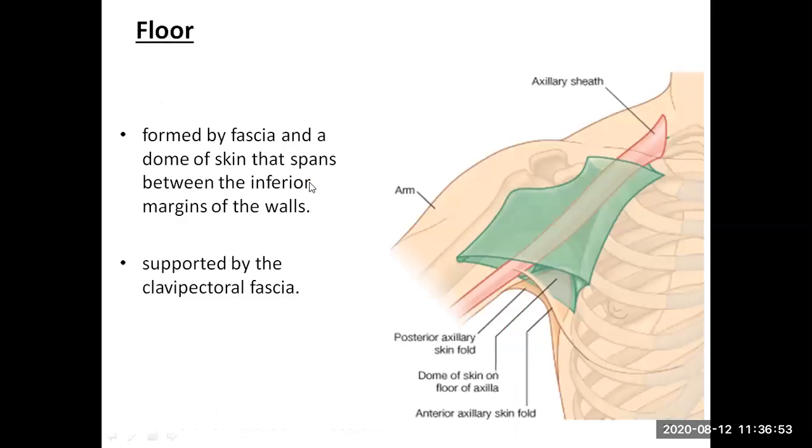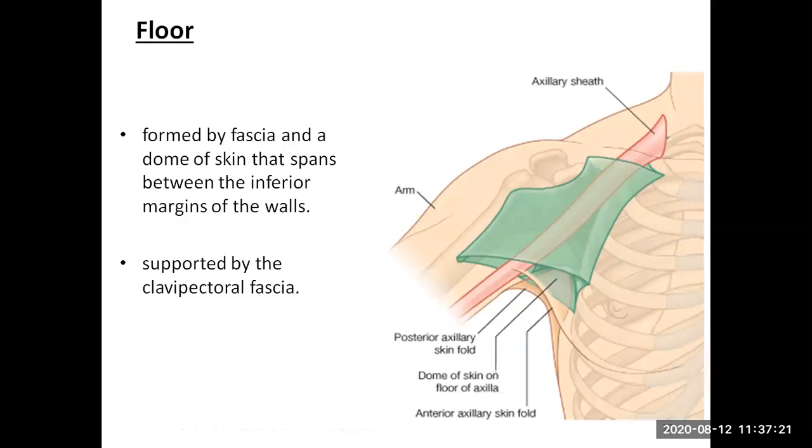Here the floor: when you raise your hand to the side, then you have the armpit. You have the anterior fold and posterior fold, and between the two folds the armpit is concave.